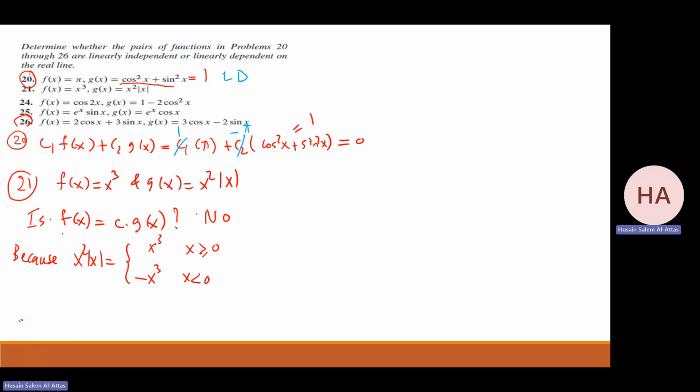So we cannot write f as a constant times g of x. So x cubed and x squared absolute value of x are linearly independent.